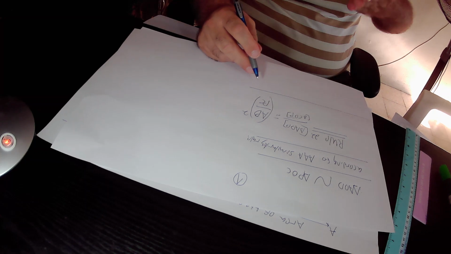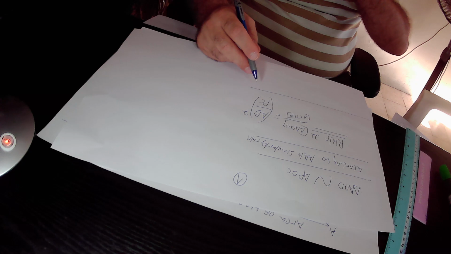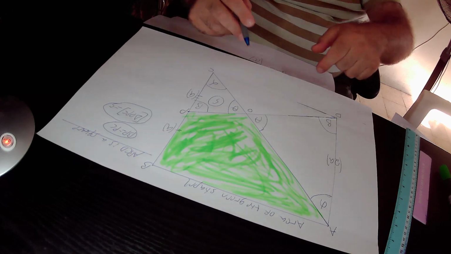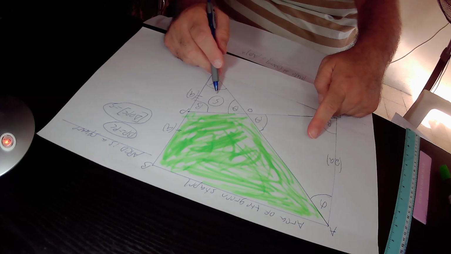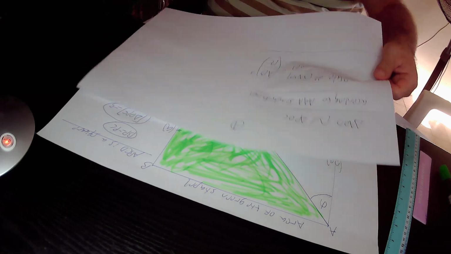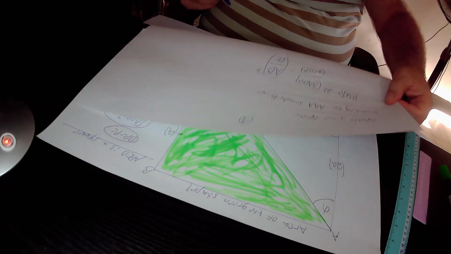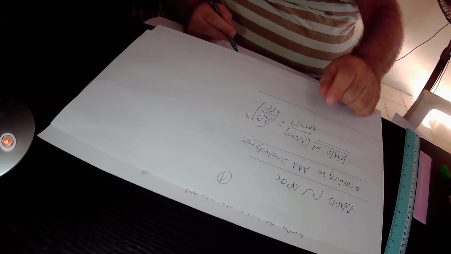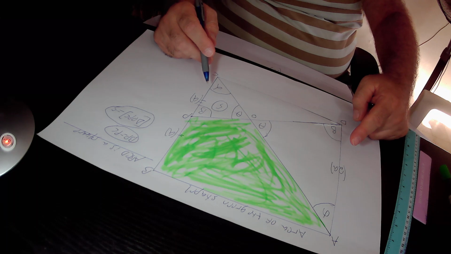So this equation is the implementation of Rule 22 in our drawing. According to this equation, the ratio between the areas of those two similar triangles, that is the area of the big triangle ADO over the area of triangle COP, is equal to the square of the ratio of their corresponding sides.